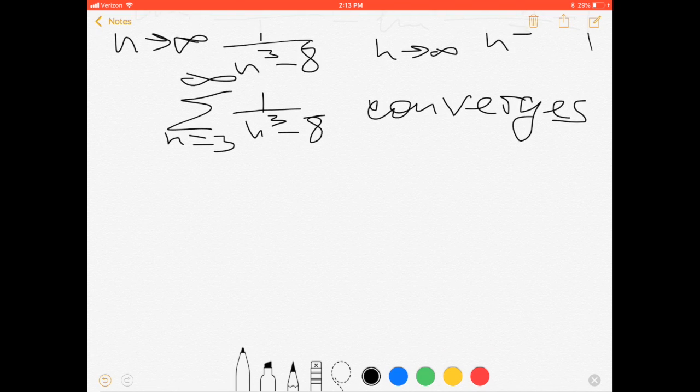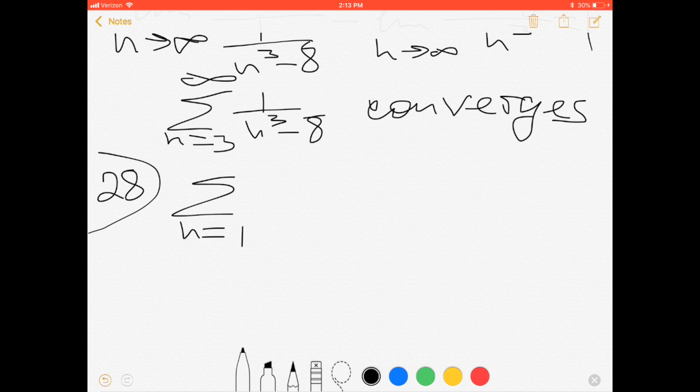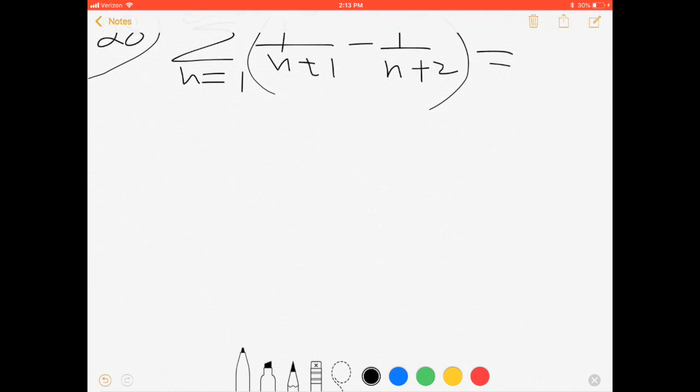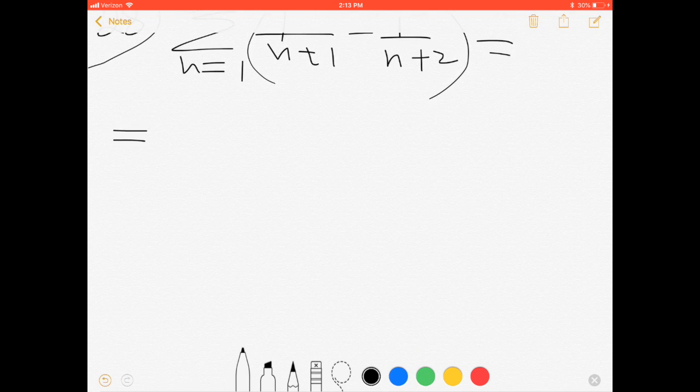Okay, and last one, 28. Series n equal 1 to infinity, 1 over n plus 1 minus 1 over n plus 2. We have our lovely telescopic series. This means only write a couple of first terms.